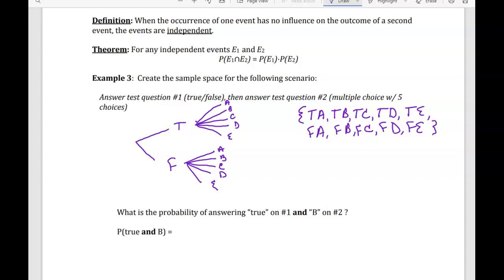Now, whatever I answer on the first question has absolutely no bearing on the second question.